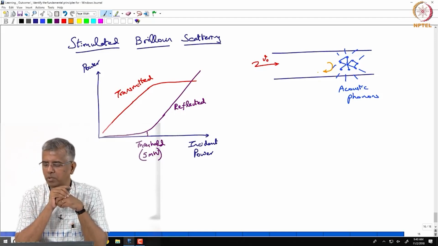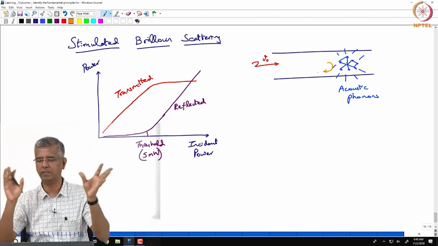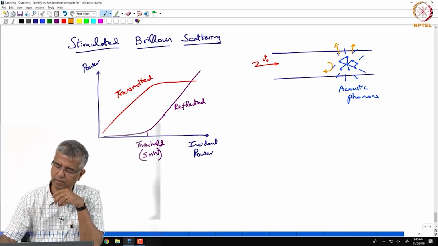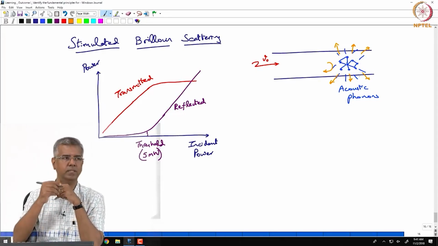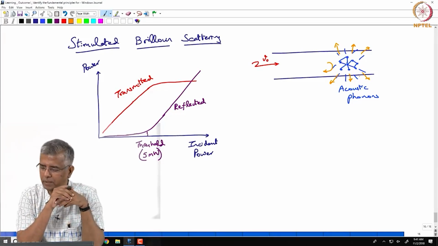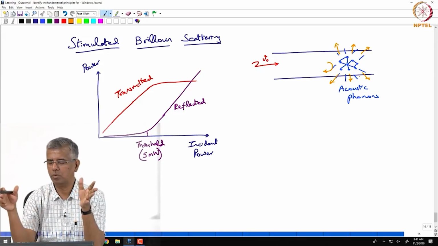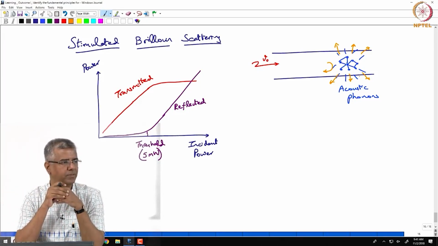Okay, and so now part of that light is scattered in all directions, right? But part of that light is captured by the fiber and it's going back, and that part of the light will now interact with the incoming light, right?